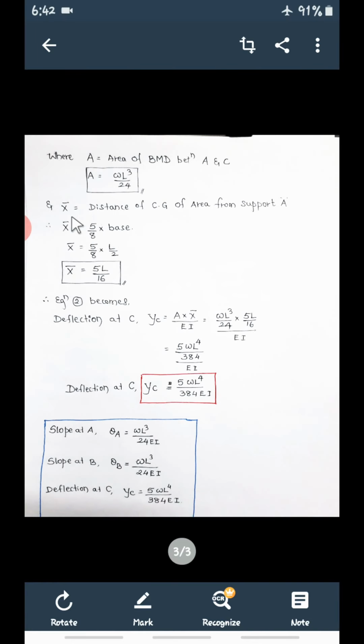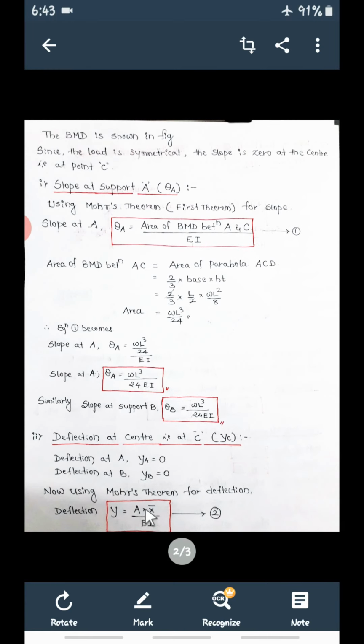X bar is the distance of the center of gravity of the area from support A. So X bar will be 5 by 8 into base, where base is L by 2. So X bar is equal to 5 by 8 L by 2, that is 5L by 16. Substitute this in the deflection equation.